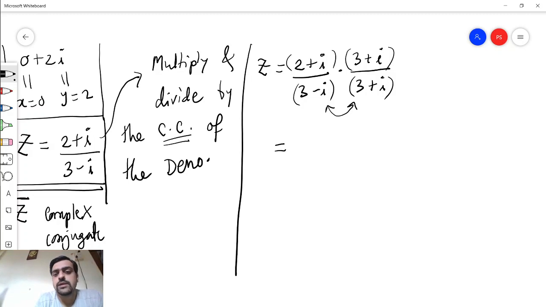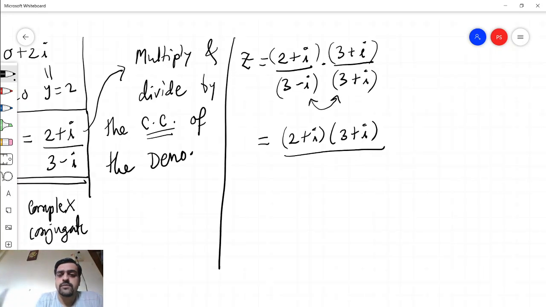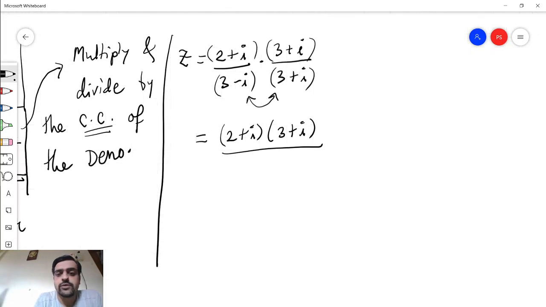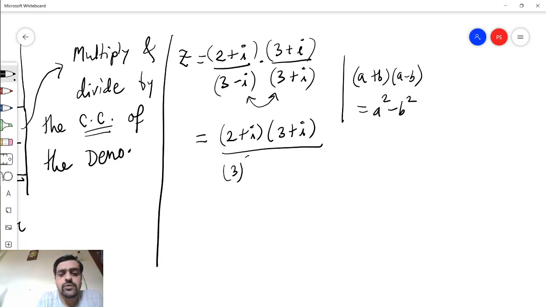So this becomes 2 plus i into 3 plus i upon, now here we are going to apply another formula which tells us that a plus b into a minus b is a squared minus b squared. This will be 3 squared minus i squared.